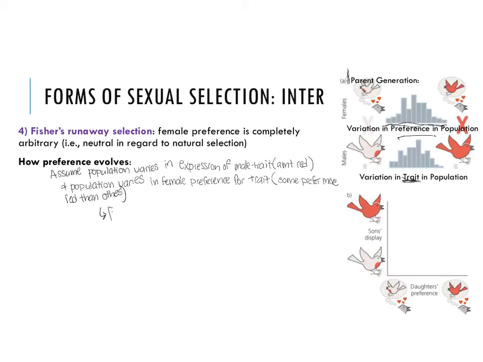So females who prefer the extreme trait, which in this case is more red, mate with males with extreme trait.